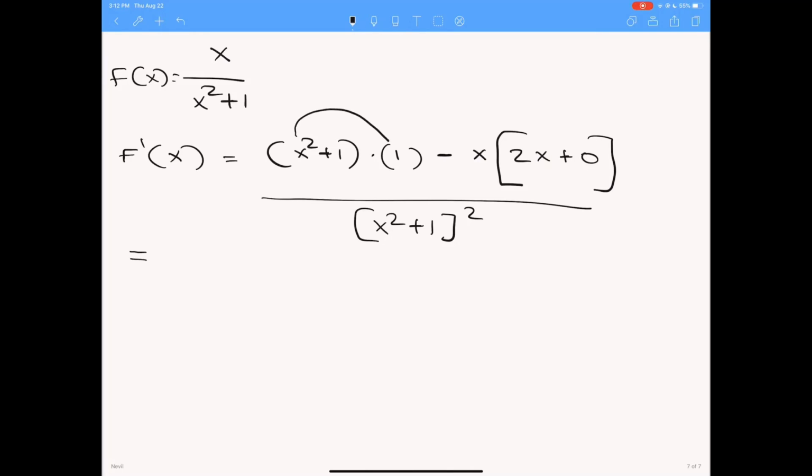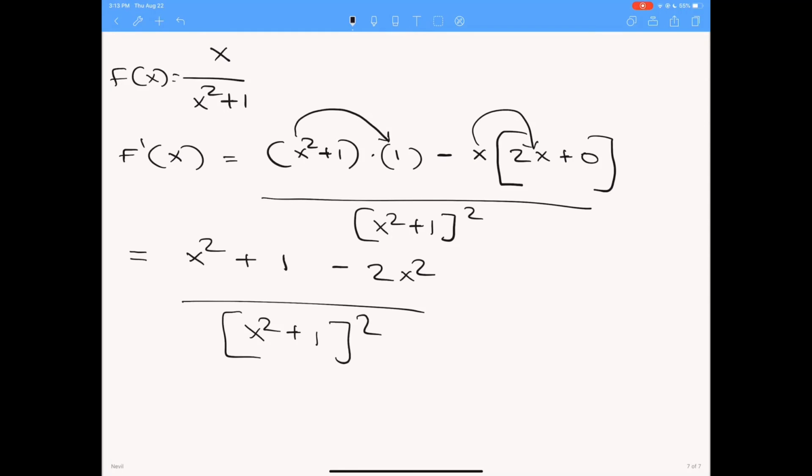X squared times 1 is x squared. 1 times 1 is 1, of course. Negative x times 2x gives you negative 2x squared. And negative x times 0 is 0, so there's no need to really rewrite that. Whole divided by x squared plus 1, the whole square.